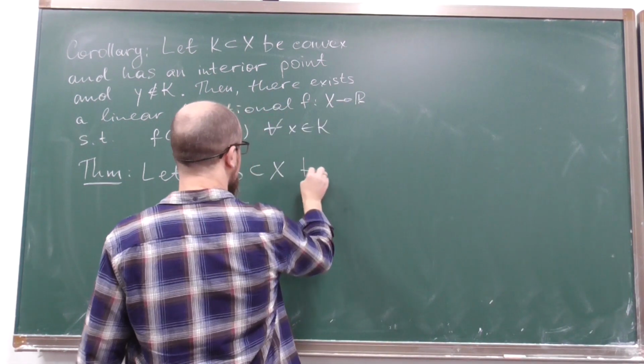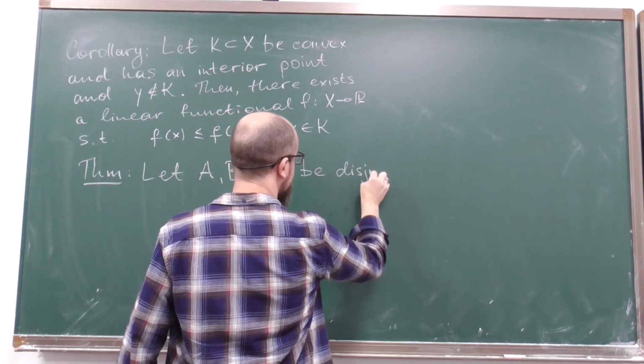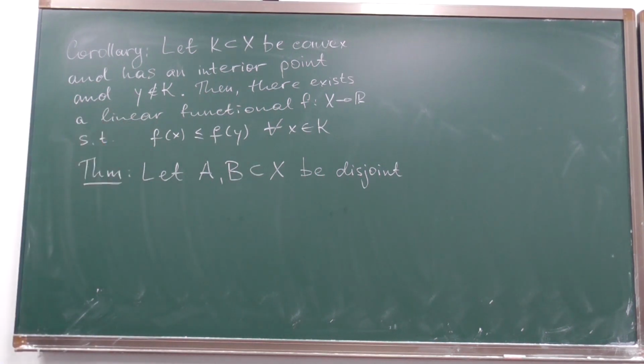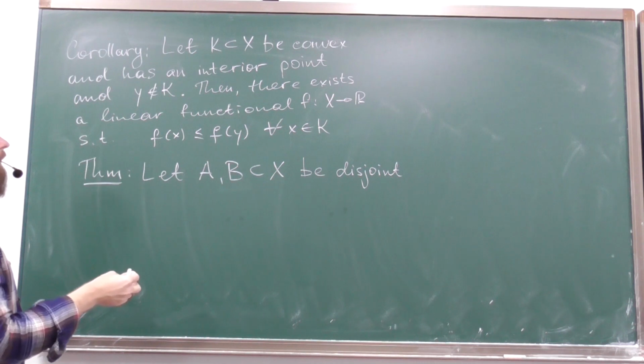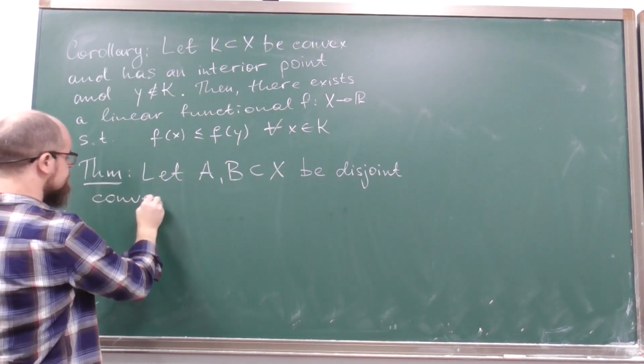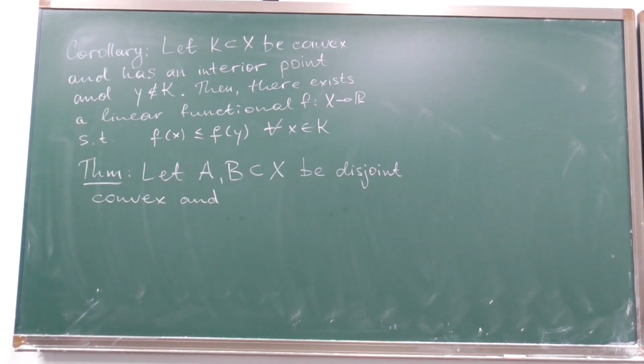What we want from them is that they be disjoint, which is kind of natural. If they do intersect, then of course we cannot separate them. So let these two sets be disjoint, convex, and at least one of them has at least one interior point.